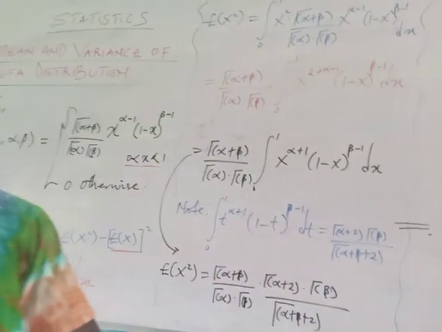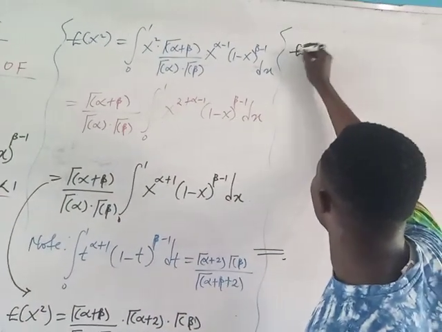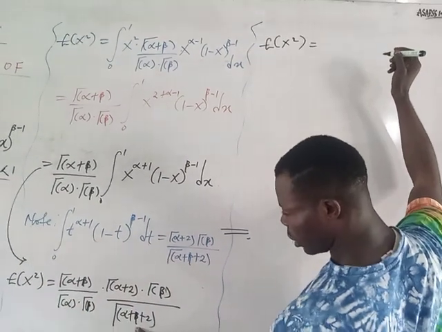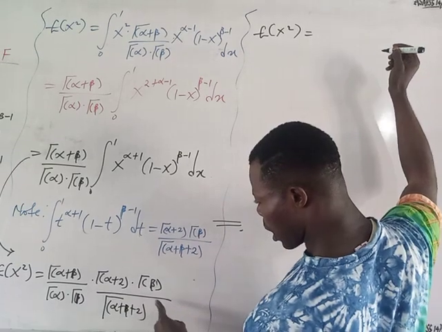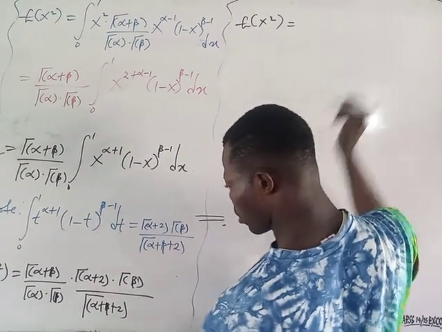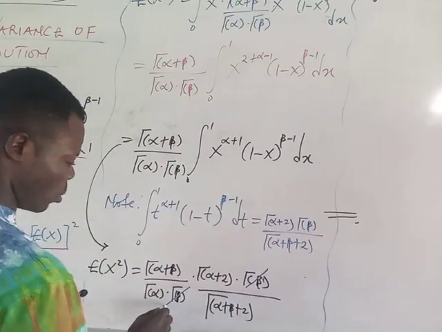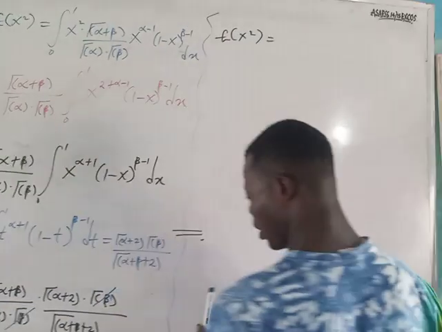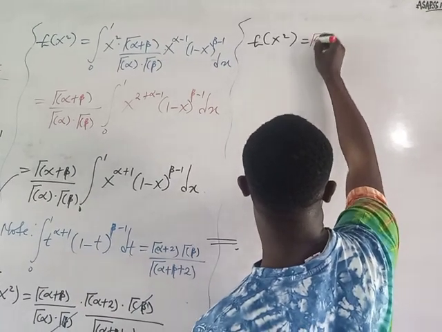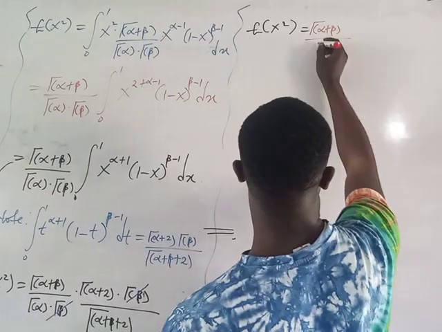So we can have the expected value of x squared equal to, so I want to reduce this in order to cancel this. I will reduce this in order to cancel this, or this will go already, this will cancel this. So left with gamma alpha plus beta all over gamma alpha.